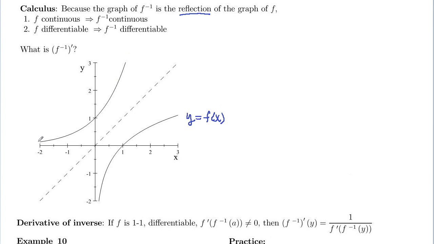Then this up here is the reflection. That's the graph of the inverse. I'm going to write x equals f of y, which is equivalent to y equals f inverse of x.